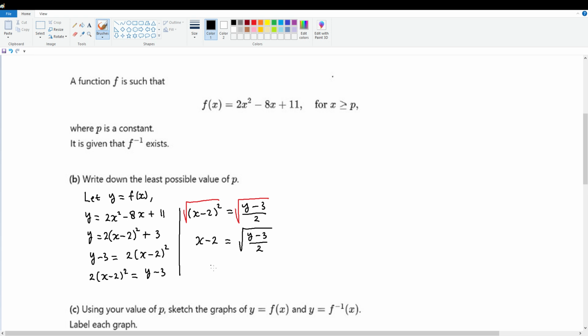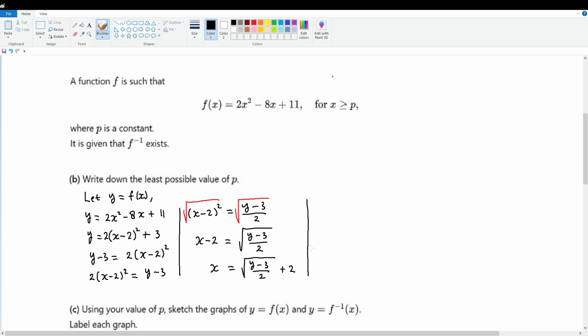After that, we can make this x alone on the left side. That is x equals the square root of (y minus 3) over 2, plus 2.